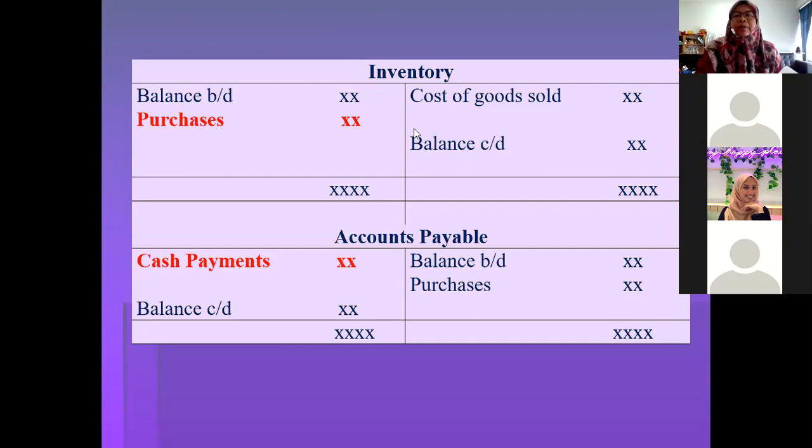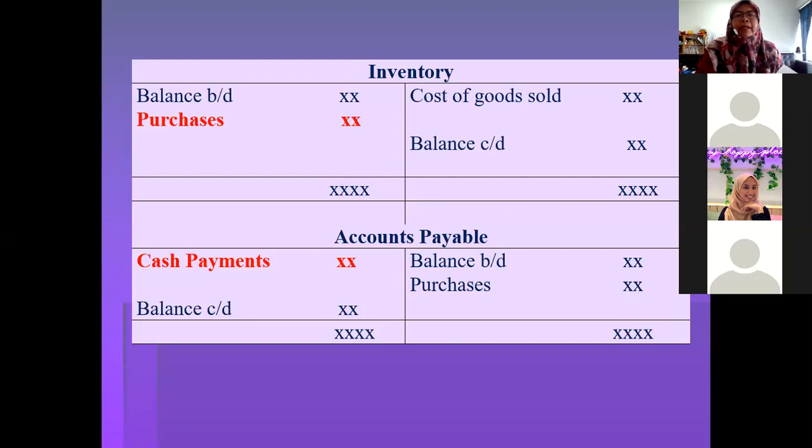Macam ni. So you can see tadi, beginning inventory plus purchases minus closing inventory, that is your COGS. Okay, so that is the calculation. So COGS plus closing inventory, you get the amount, minus the opening, you get the purchases amount. This is the amount of purchases only, bukan amount that you paid to your accounts payable yet. So what happened to this purchases amount? What should we do? Transfer to the accounts payable account pula.